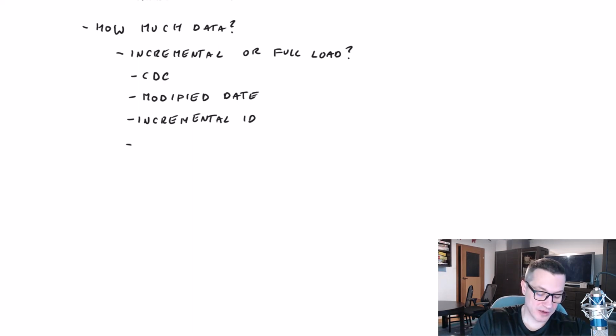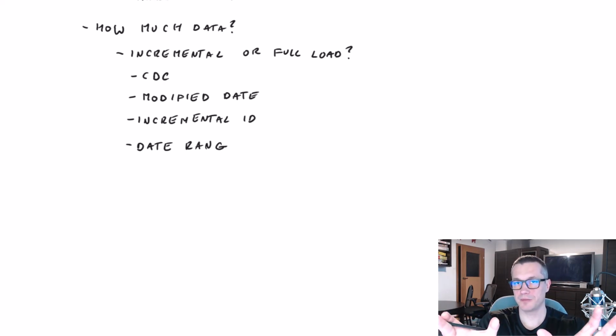Or maybe in case of APIs, you are able to provide a date range, like today minus 7 days. And that's the range for which data will be returned. So you'll have to know if any of those methods can be used in case of your data source.